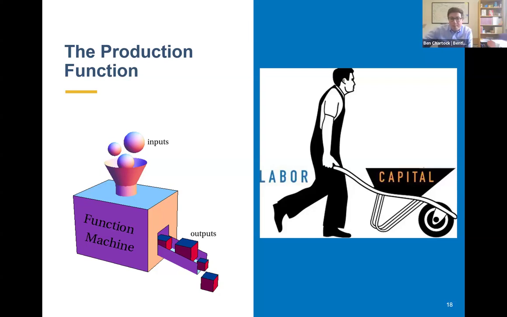Outputs here might be number of quality lives lived, number of children cured of leukemia, number of knee replacements done, or number of sterilized surgical gloves that come off the assembly line. And inputs are all of the human labor and all of the extra capital, all of the physical goods that go into producing these products in a company.